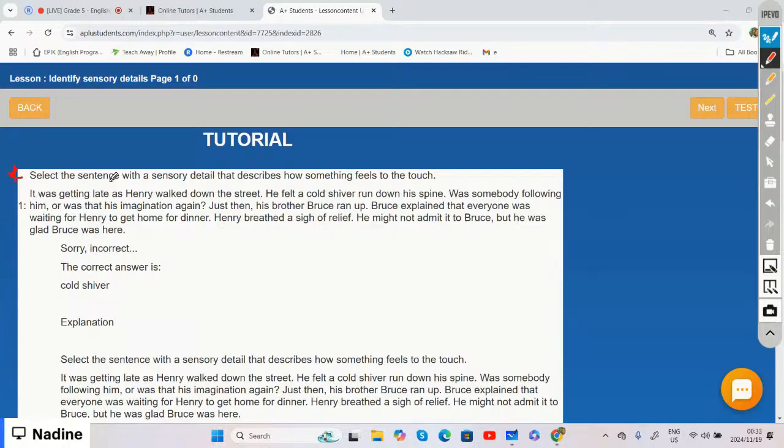Bruce explained that everybody was waiting for Henry to get home for dinner. Henry breathed a sigh of relief. He might not admit it to Bruce, but he was glad Bruce was here. What few words or sentence describes how Henry felt?